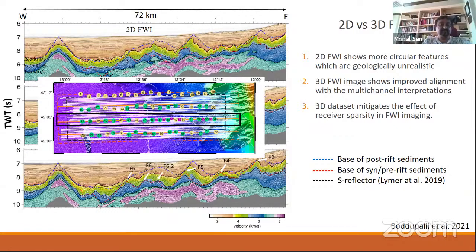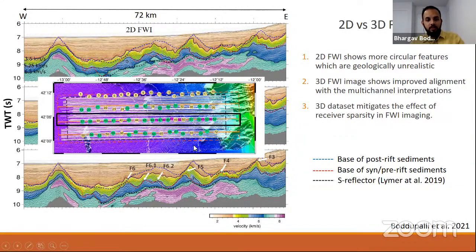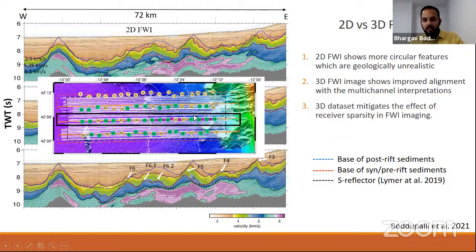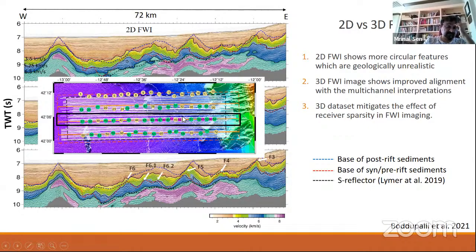Wait a second. So you're saying that in 2.5D you are using the sources from outside of the line? Yeah, the whole volume. But that's 3D. It is 3D, but the receivers are only along one line. Okay, but the way 2.5D is used commonly is when you have 2D data with 3D corrections.